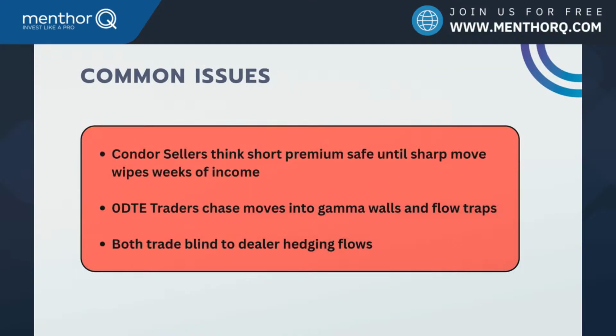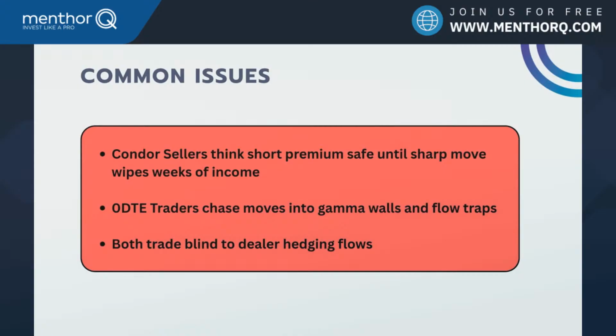Right, very, very important. If you sell iron condors or if you trade zero DTEs, you both run into the same issues. Whoever sells iron condors is thinking that because there is only a certain number of hours left to the expiration of the option, selling premium is pretty safe, until one move wipes out weeks of income.